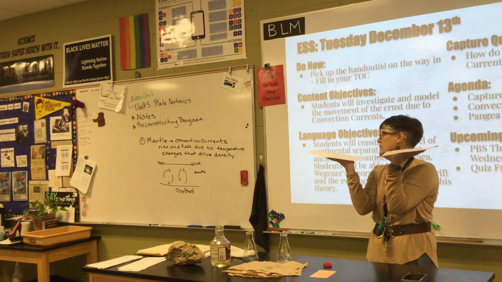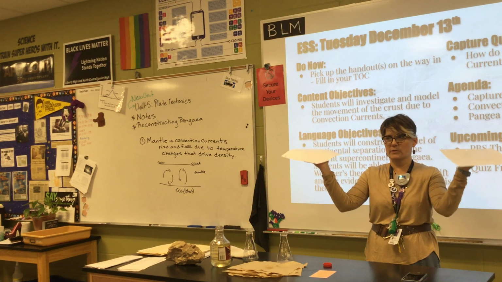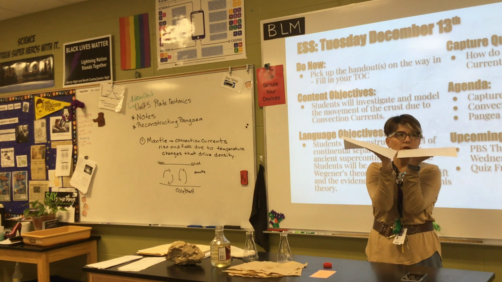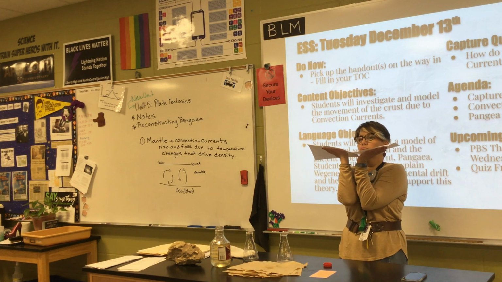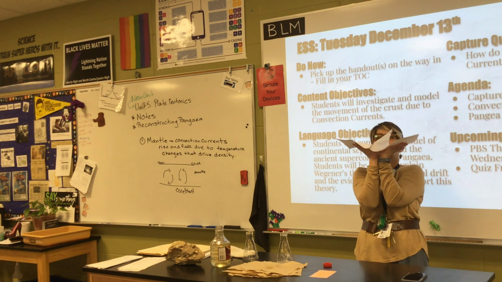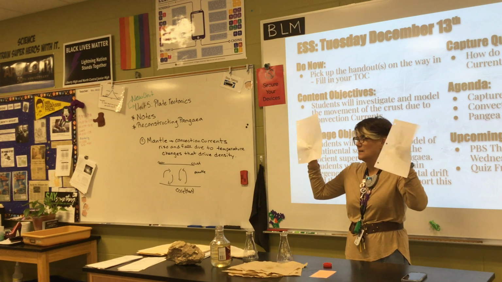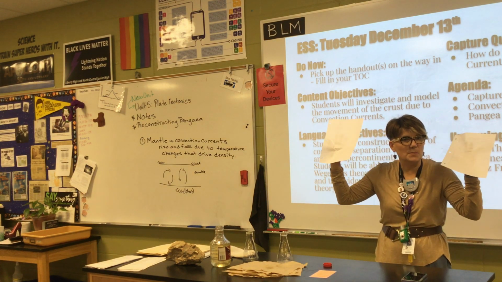How are these currents moving in that picture? Towards each other or away from each other? They're moving towards each other. So if this crust is being pushed towards each other, what do we think is going to happen in the middle? Yeah, probably we're going to have some sort of a little mountain range. And it's sticky, right? It's a very sticky, viscous substance.